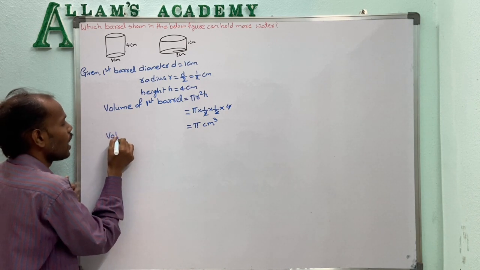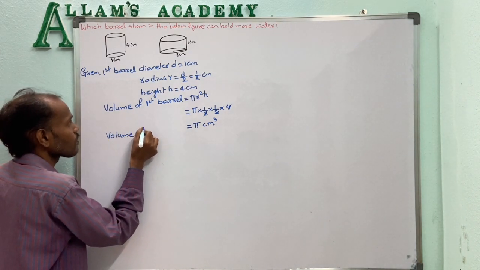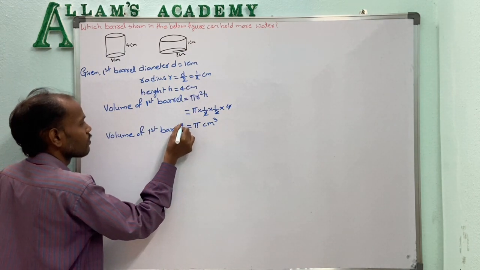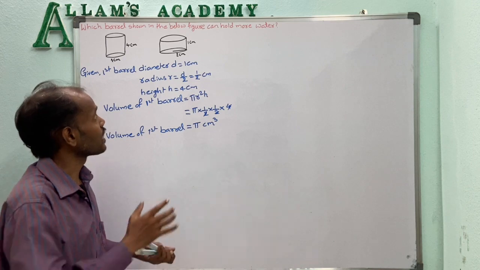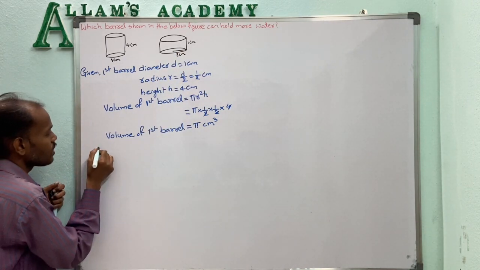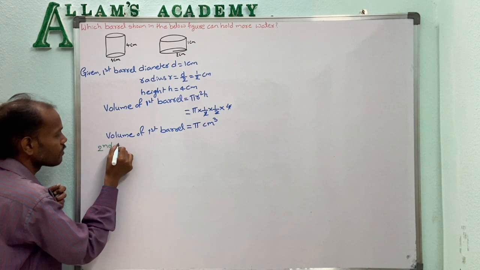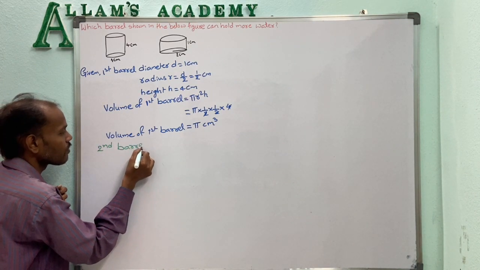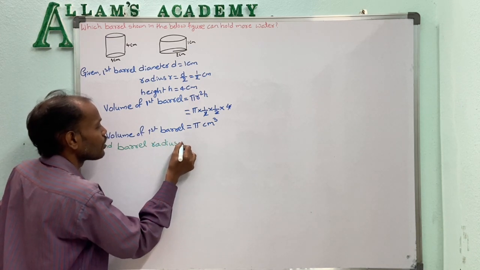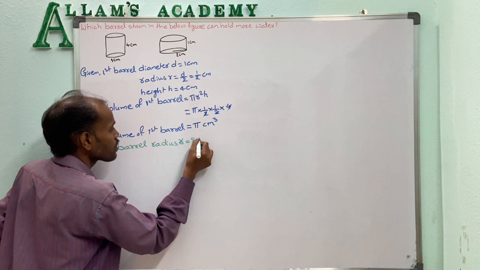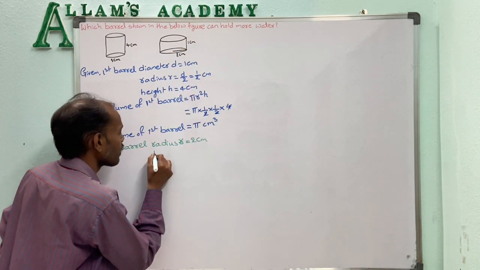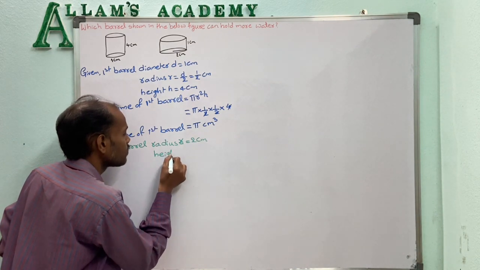Now the second barrel's given information, writing. So for the second barrel, the radius is equal to 2 centimeters given. Its height is 1 centimeter given.